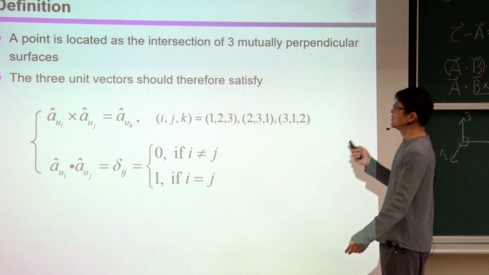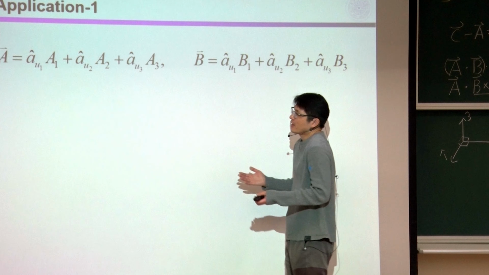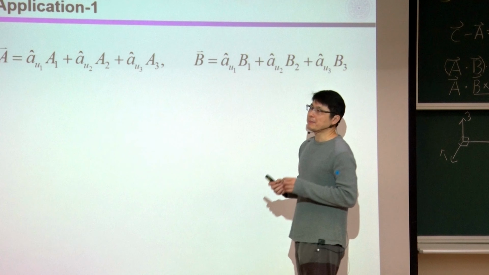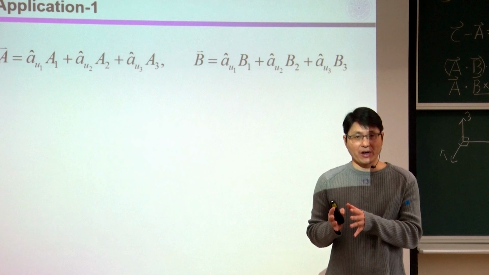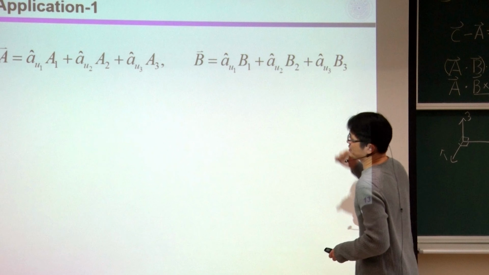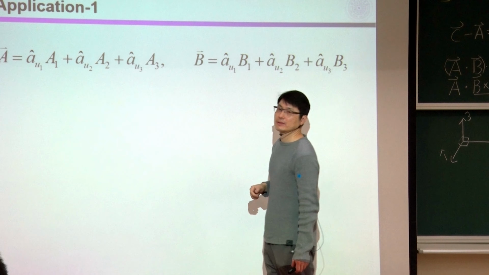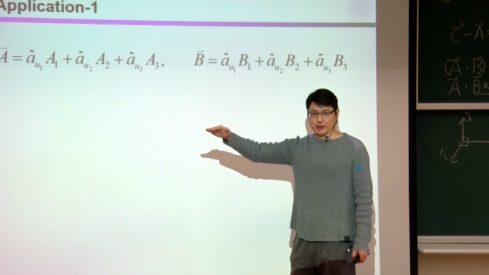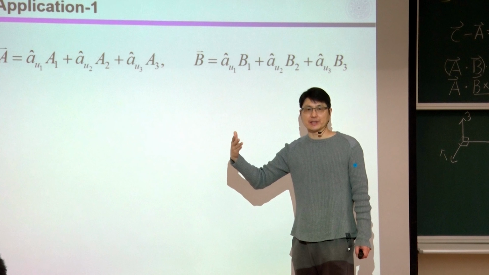Okay? So the choices, well, you can have x, y, z, Cartesian, cylindrical, or spherical, but let me just try to emphasize what are the benefits of introducing orthogonal coordinates. So let's take a look. I have two vectors, vector A and vector B. Each vector can be expressed in any orthogonal coordinate system.